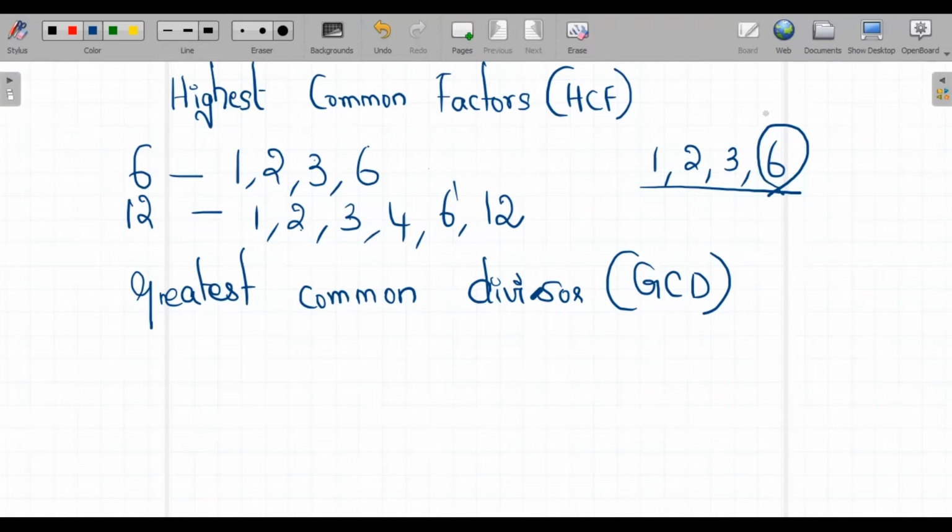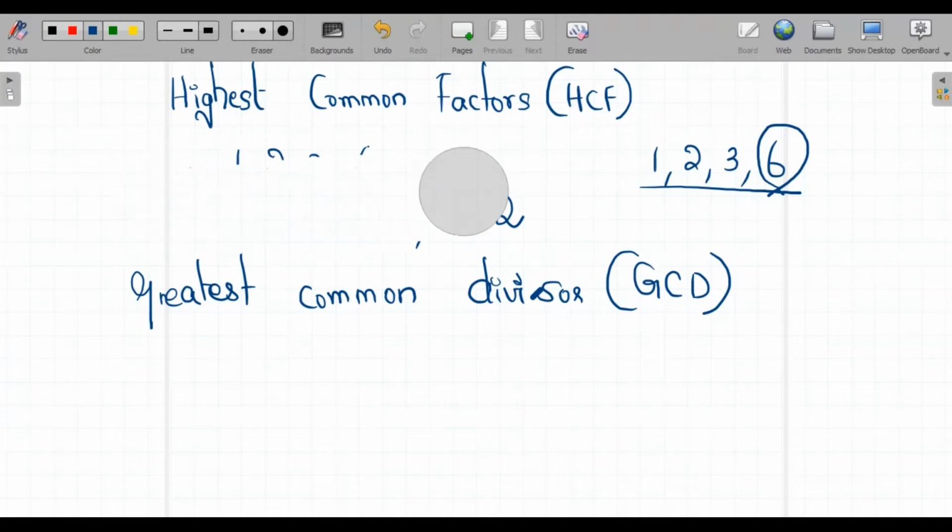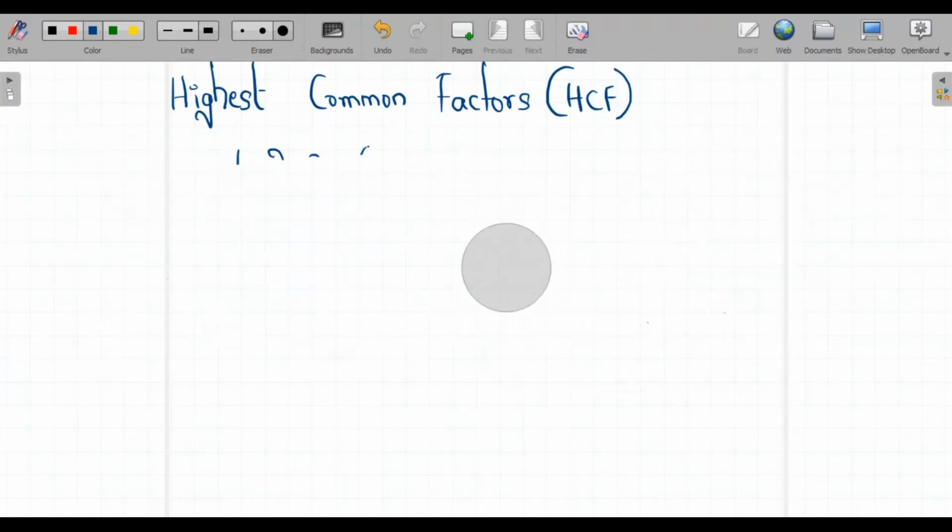Now, let us see alternate methods of how to find the HCF of two numbers. Okay. So, we will erase this. Now, let us take the case of 36 and 48. I want to find the HCF between these two numbers.